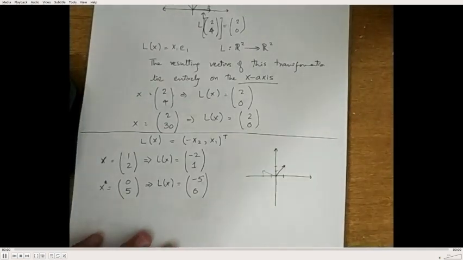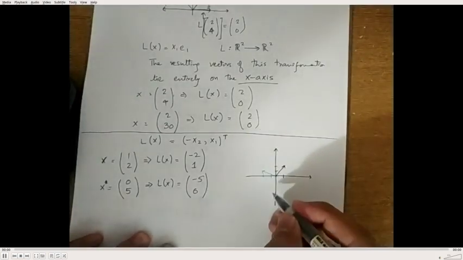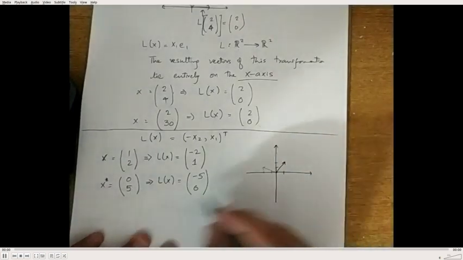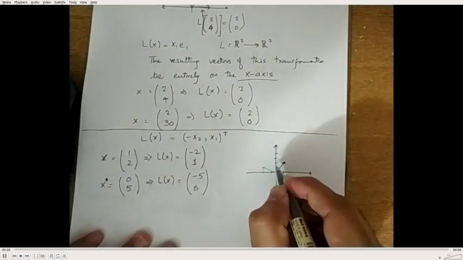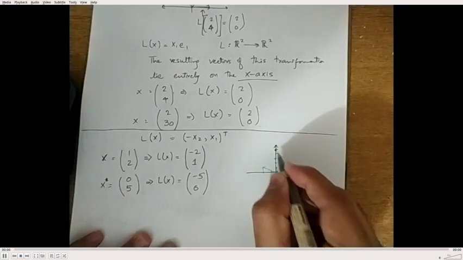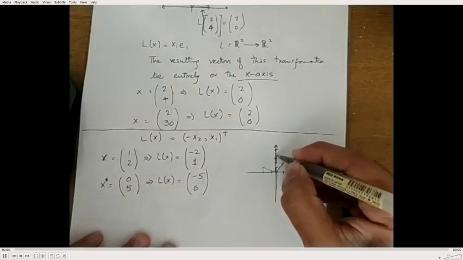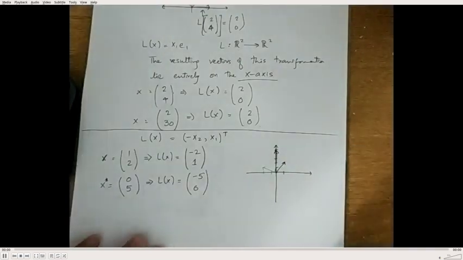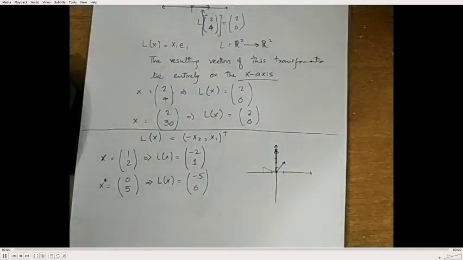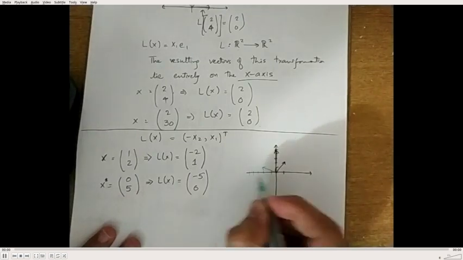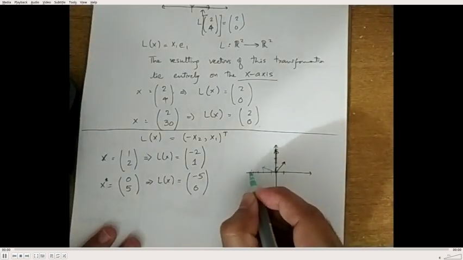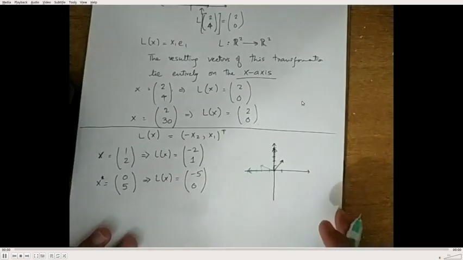If I have another vector 0, 5, so 0, 5 will be here. 1, 2, 3, 4, 5. So this was my vector 0, 5. And if I draw its image minus 5, 0, it's going to be like this. So that's minus 5, 0.